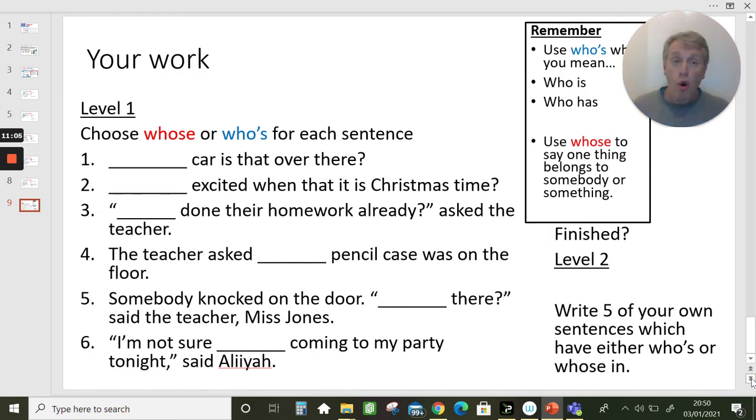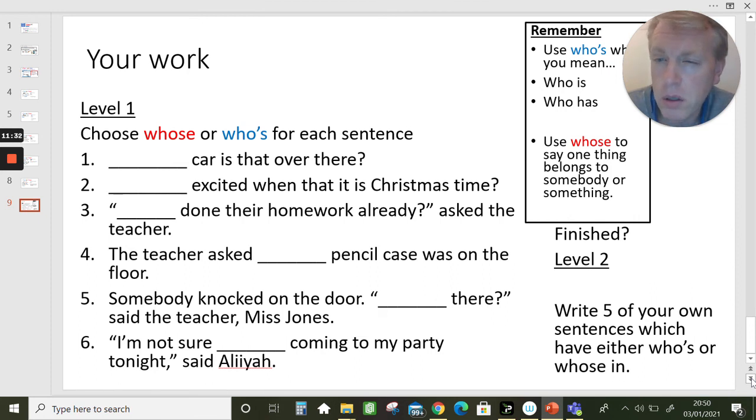Okay, so your work. If you don't have a printer or it's hard to print things out, you can just, for the first ones, write one, and then you read the sentence, whose car is that over there? And then you've got to choose to write the correct whose. You could just write number one and which one of the whose it is.